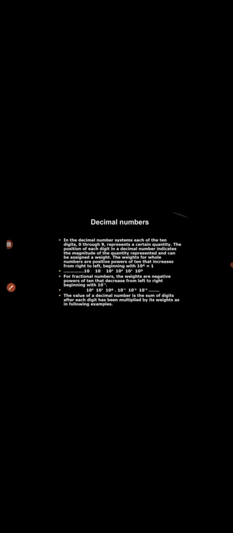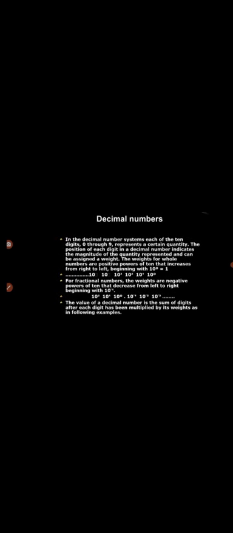Let's quickly go through what the decimal number system is. In this decimal number system, each of the 10 digits from 0 to 9 represents a certain quantity. The position of each digit in a decimal number indicates the magnitude of the quantity represented and can be assigned a weight.